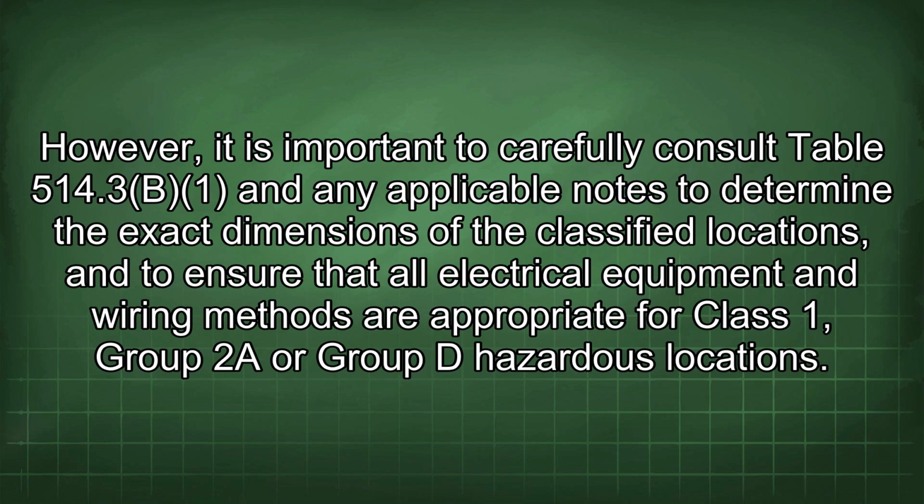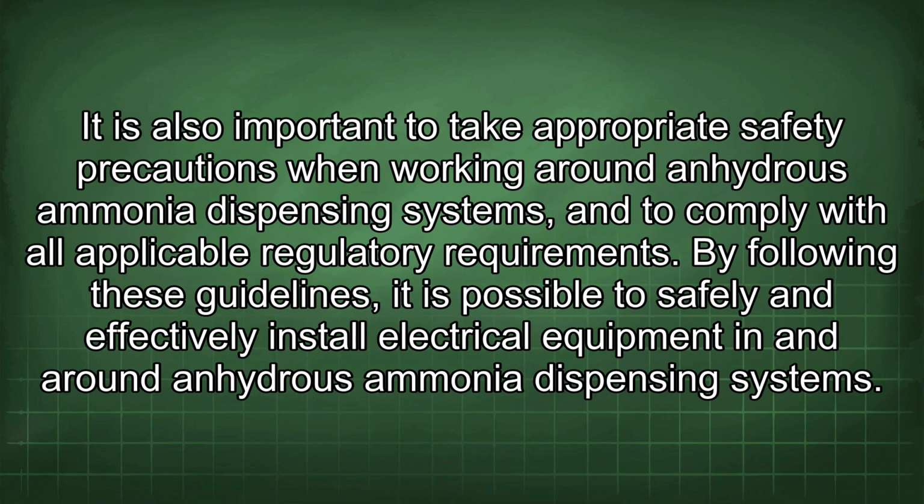However, it is important to carefully consult Table 514.3(B)(1) and any applicable notes to determine the exact dimensions of the classified locations, and to ensure that all electrical equipment and wiring methods are appropriate for Class 1, Group 2 or Group D hazardous locations. It is also important to take appropriate safety precautions when working around anhydrous ammonia dispensing systems, and to comply with all applicable regulatory requirements. By following these guidelines, it is possible to safely and effectively install electrical equipment in and around anhydrous ammonia dispensing systems.